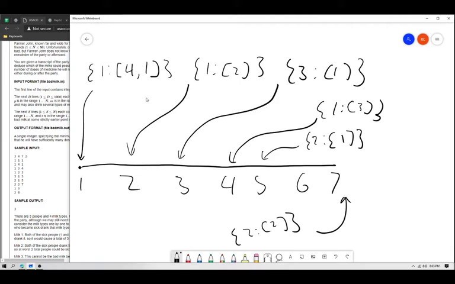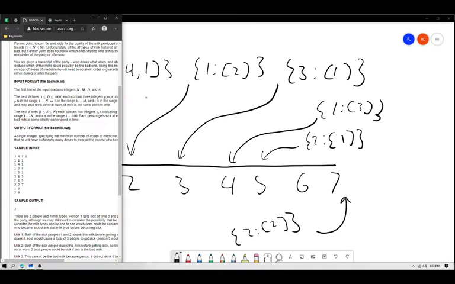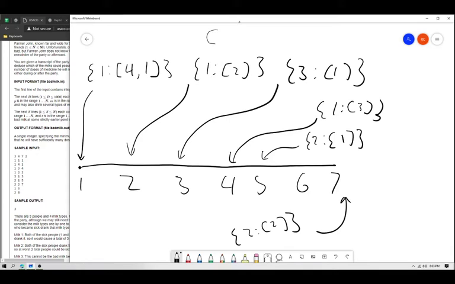And so we know person 2 got sick and person 1 got sick. Sorry, person 1 and person 3 got sick. So we know that these two people got sick.